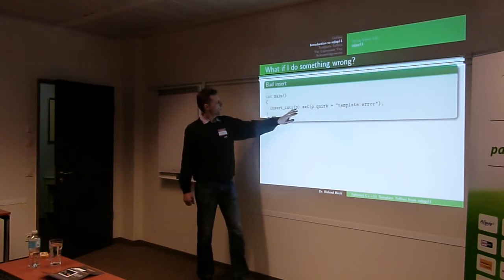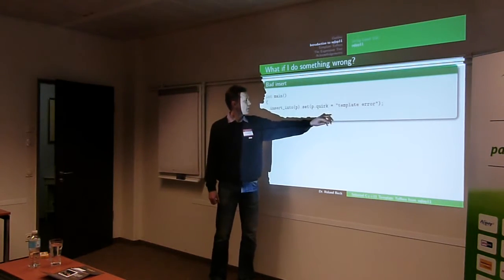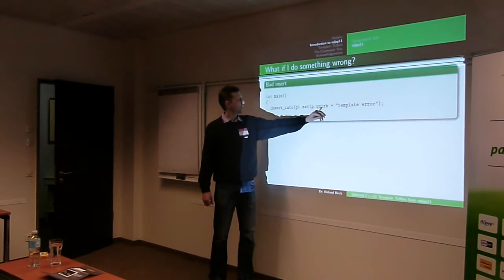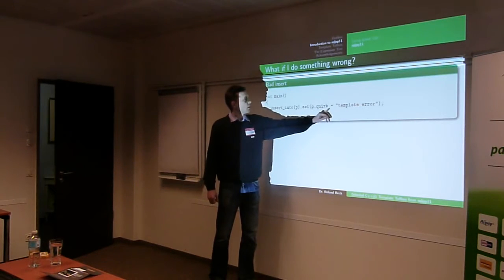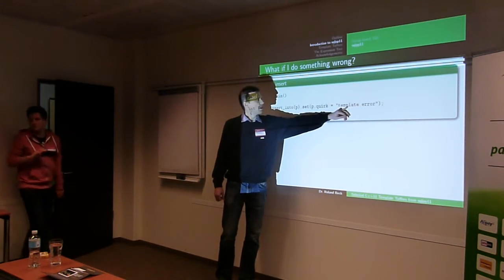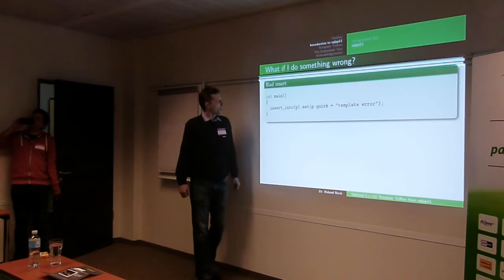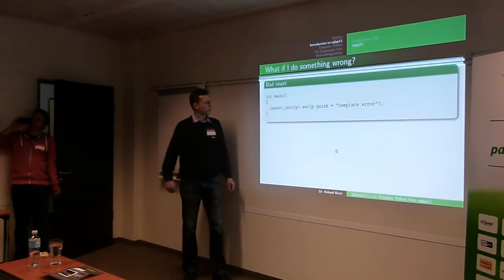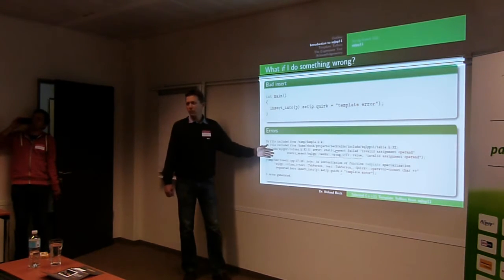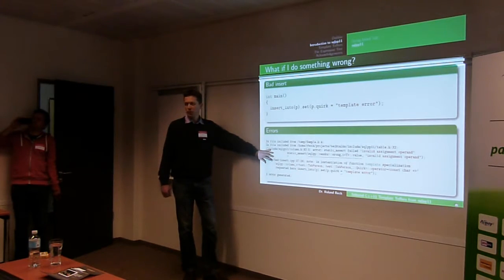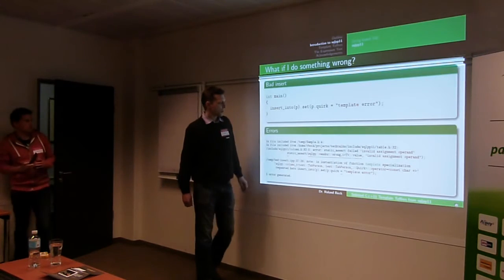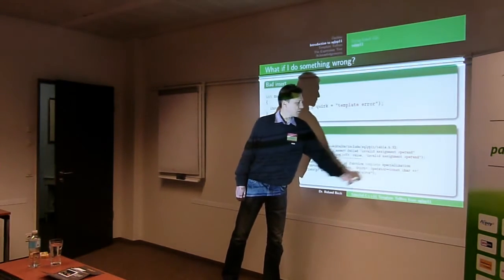So if we're making this mistake here, quirk is an integer, and we try to assign a string to it, then we're getting this. That's the whole output of Cling 3.2. And it just says, okay, there's an invalid assignment operand.